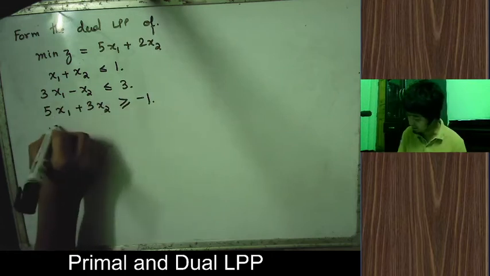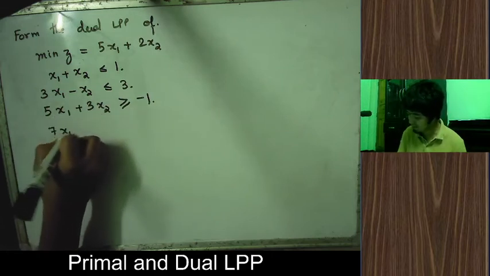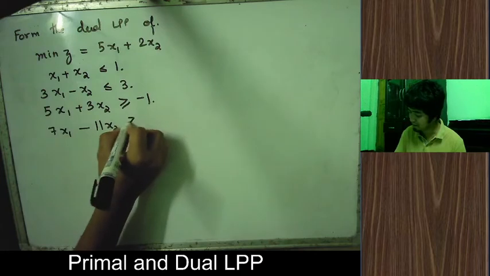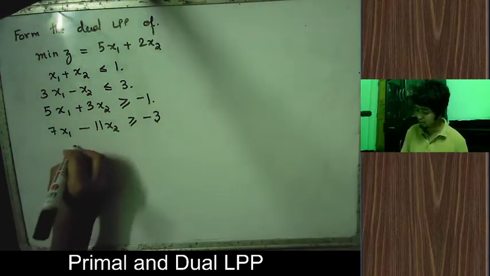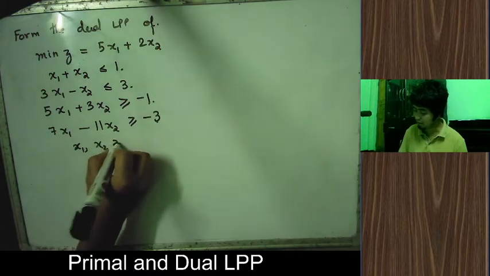Let us have another constraint, maybe 7x1 minus 11x2 greater or equal to minus 3. x1 and x2 are all greater or equal to 0.